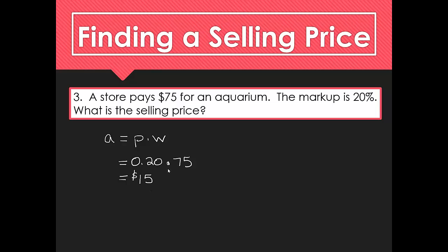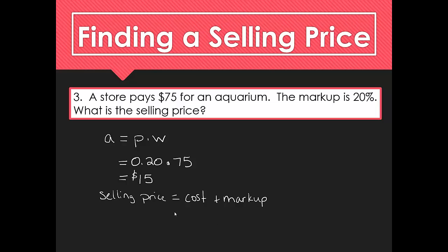So again, if the store pays $75, that is the whole. We are figuring out 20% of that, so we can figure out how much they're marking it up, and that is $15. Now the selling price would be equal to the cost, so how much they pay for it, plus the markup.